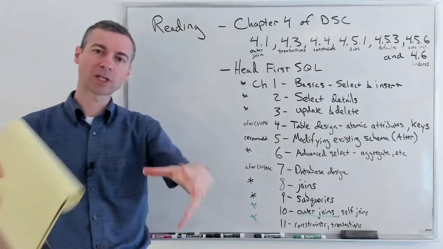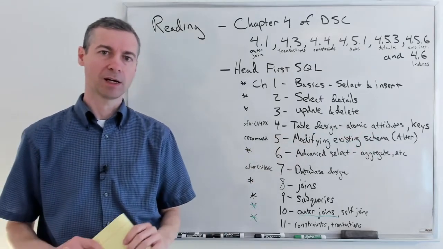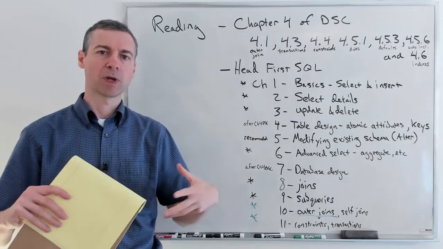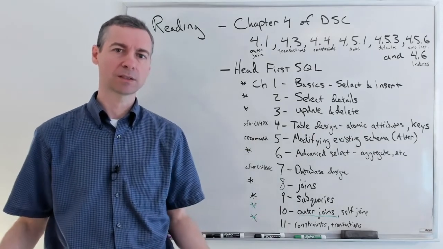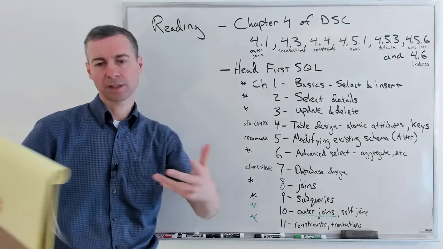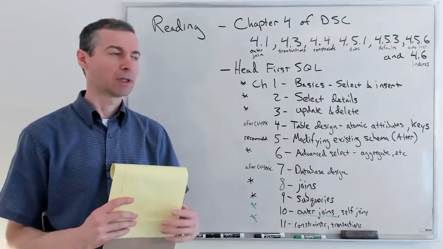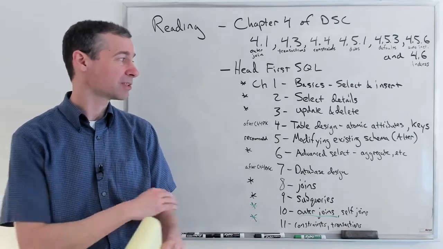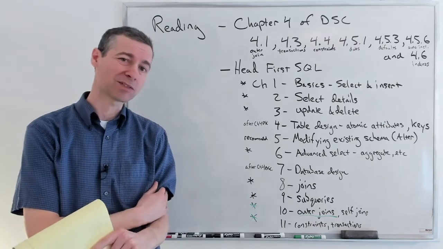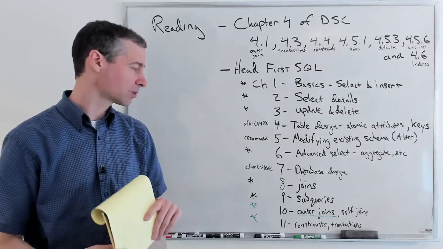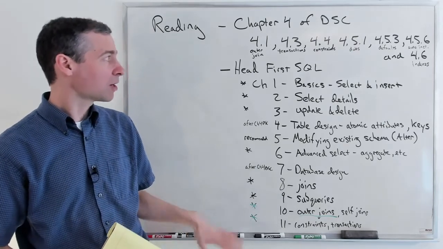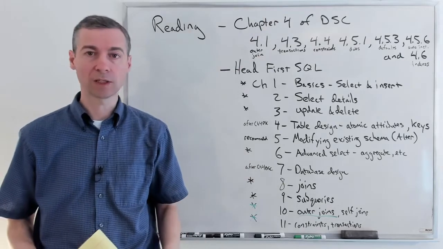So we're going to move into that. Right now, we're spending our time working with existing schemas and how we can get the data out of an existing schema. So learning how to query, how to update, how to insert, those are the key things that we're doing right now.